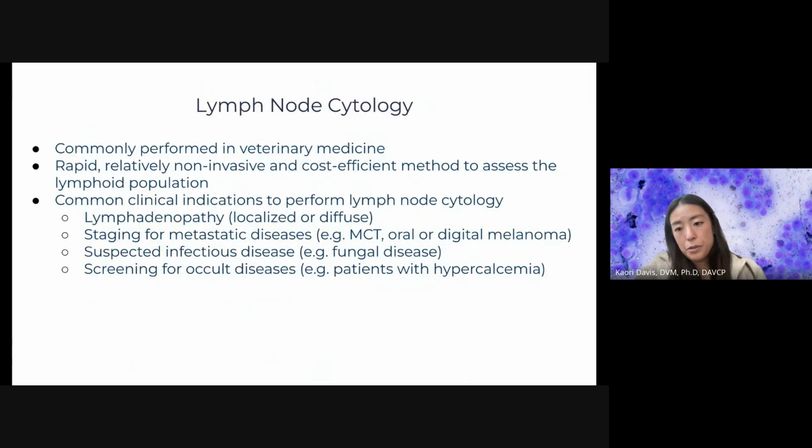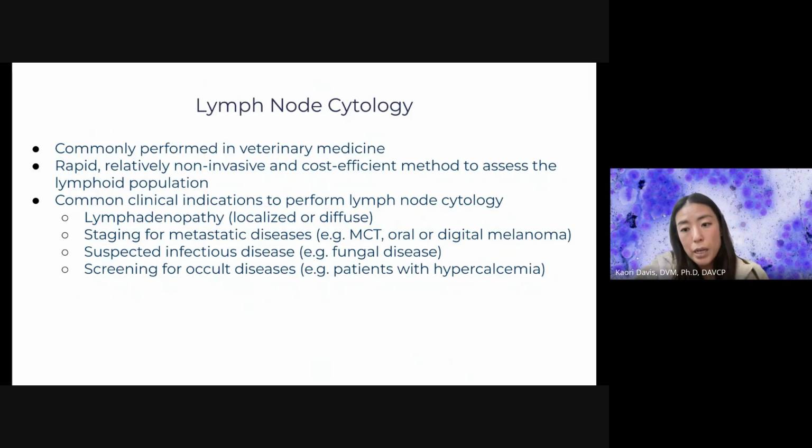Lymph node cytology is a very commonly performed test in veterinary medicine. It is a rapid, relatively non-invasive, and relatively cost-efficient method to assess the lymphoid population. There are multiple case scenarios where lymph node aspirate can be recommended.